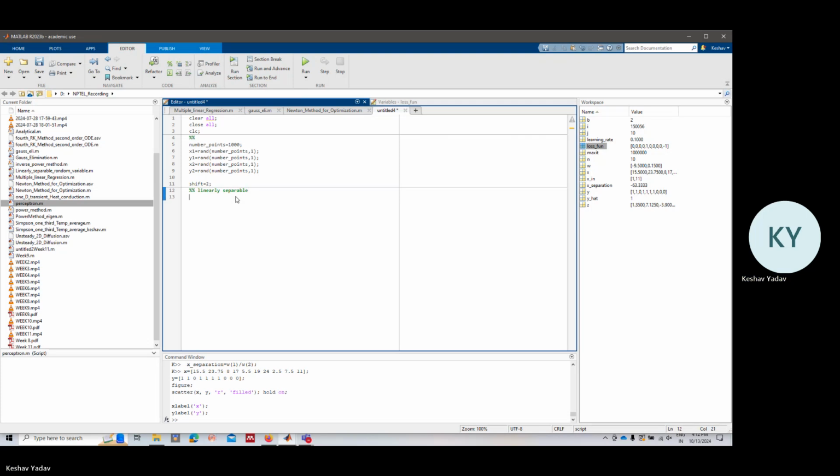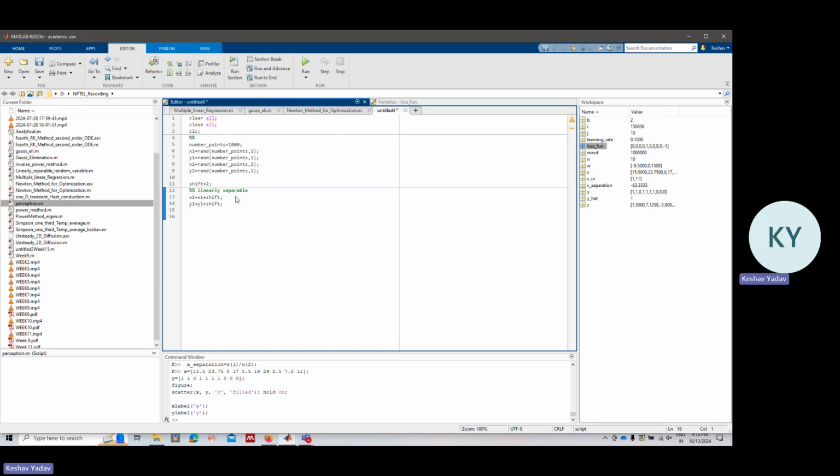What I do now is x1 equal to x1 plus shift. So I am shifting my x1, which is between 0 to 1, and making it between 2 to 3. Similarly, y1 equal to y1 plus shift. So y1 will also be between 2 to 3 now.